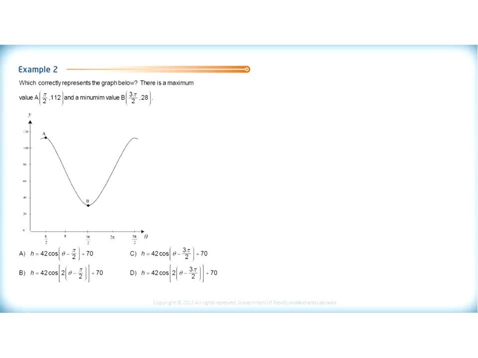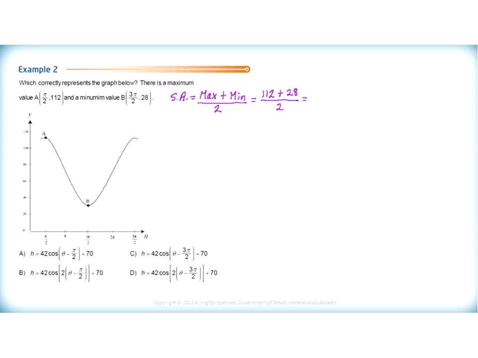So the first thing we need to do is locate the equation of the sinusoidal axis. The sinusoidal axis can be determined by taking the maximum value of the function plus the minimum value divided by 2. Your maximum value is 112. Your minimum value is 28, all divided by 2.